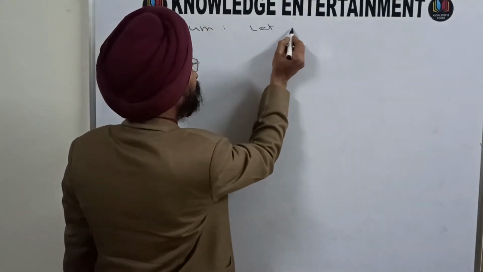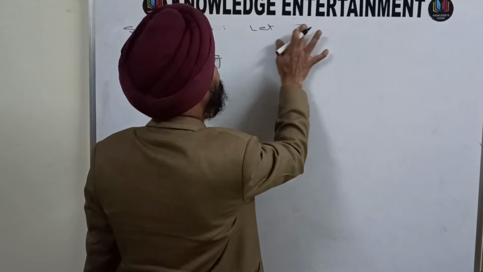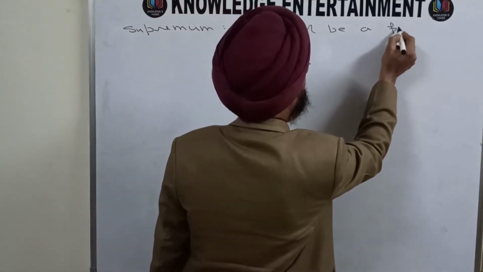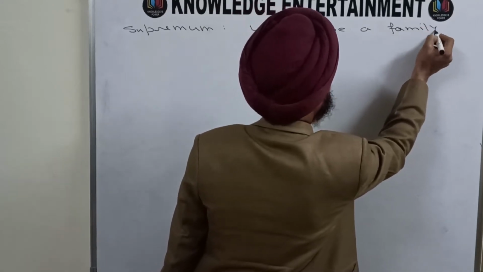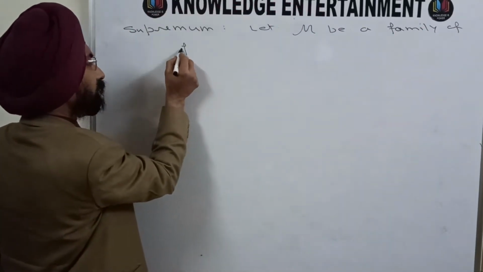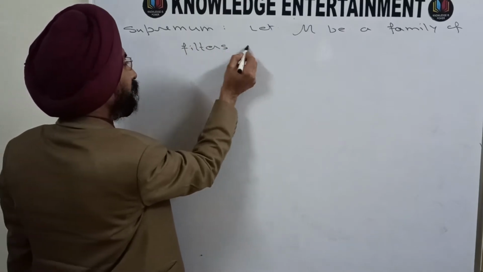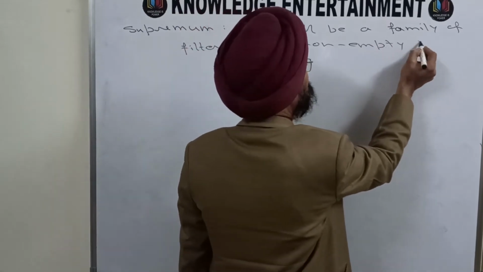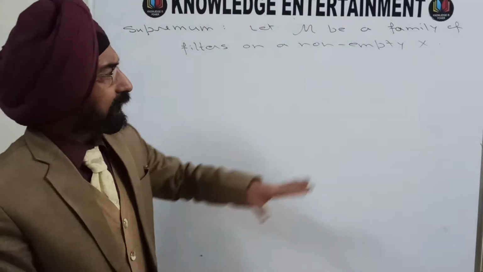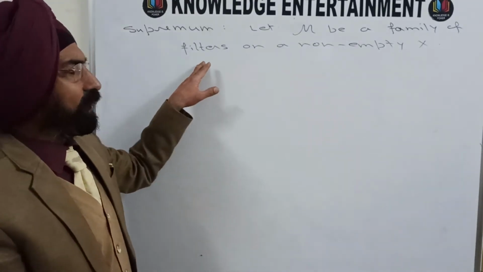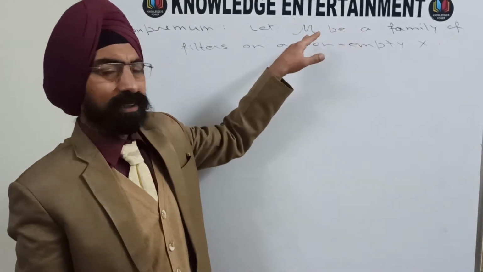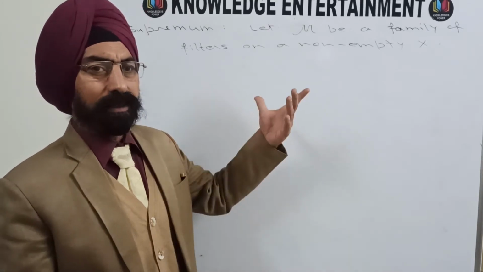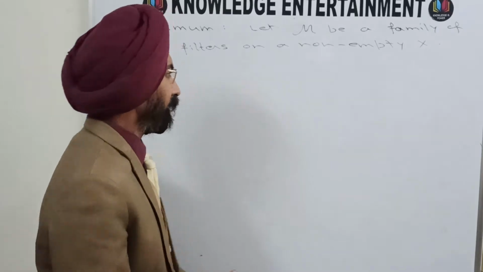Let M be a family of filters on a non-empty set X. So we have a non-empty set X, then we have several filters on X and their family is M. Now, what is the supremum of M, what is the infimum of M? We will be talking about that now.